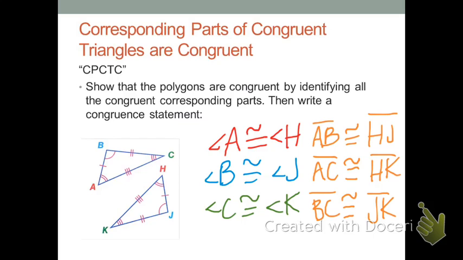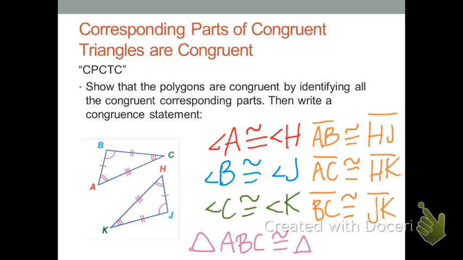And then all it wants for a congruent statement is just for us to say what's congruent. So now that we've lined everything up, we can just put it all in writing, say triangle ABC is congruent to our other triangle. Now what's important is to make sure you line up your corresponding angles.